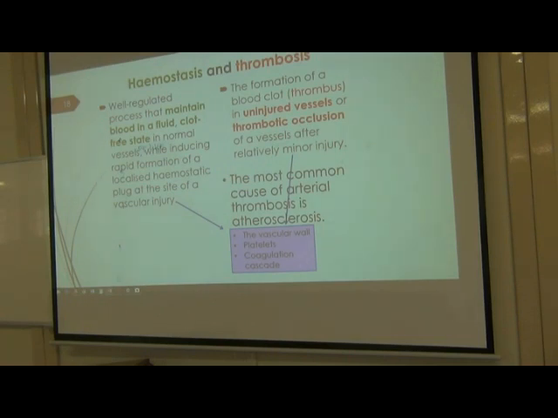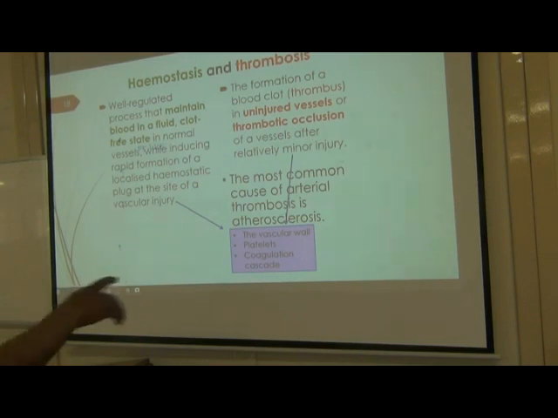Are we together? So there is the vascular stage. The vascular component is released. Platelets are released to the site of the injury as well. And we have the coagulation cascade also released there to ensure that the break in the vessel is plugged, is healed, and blood flow through that vessel is stopped.